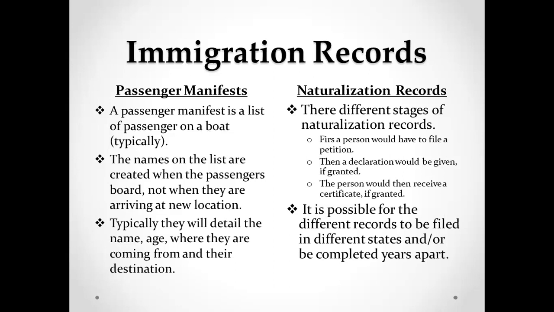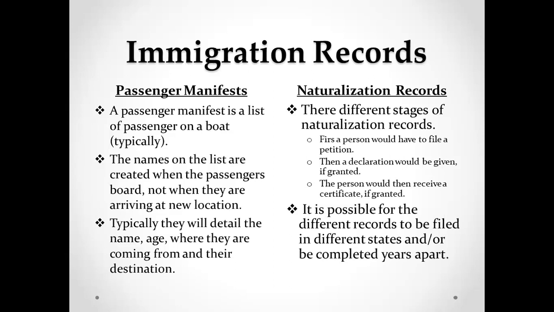On a passenger manifest, you'll see lots of little writing on it because of check marks and so forth. It was written when they boarded the ship from their original location before they left. If they're coming to America, they put check marks that the person arrived. Those names are not going to be changed in the spelling. They are basically checking that the person arrived.